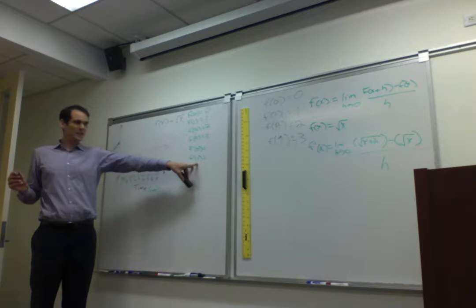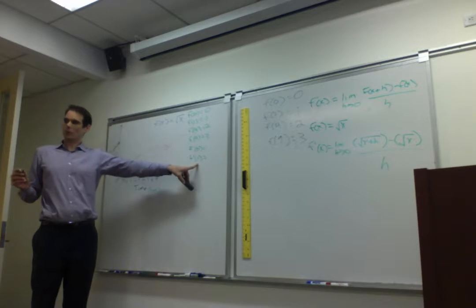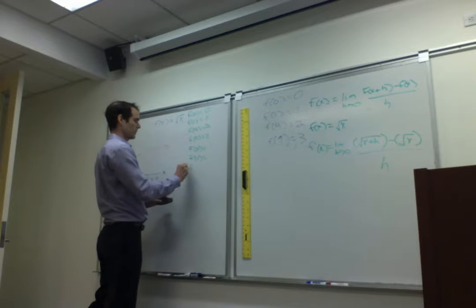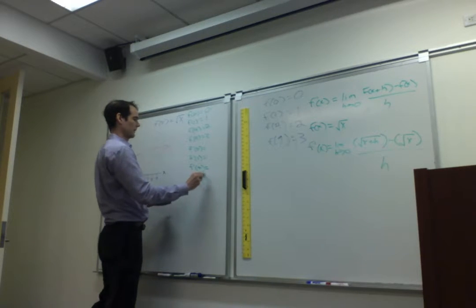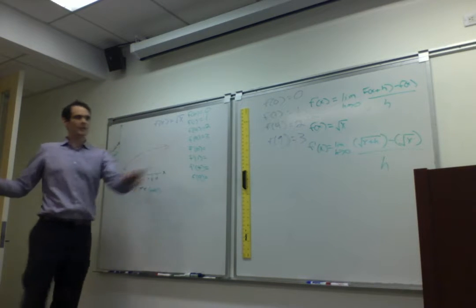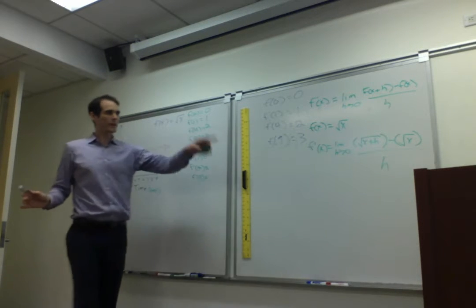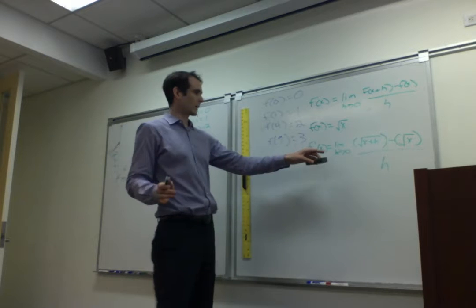Yes, I want the speed at the time x equals 1. I also want to know the speed, the first derivative of f, at 4 and f prime of 9. All right, I want that information, and I don't have it yet. But what I do have is a formula for calculating that.